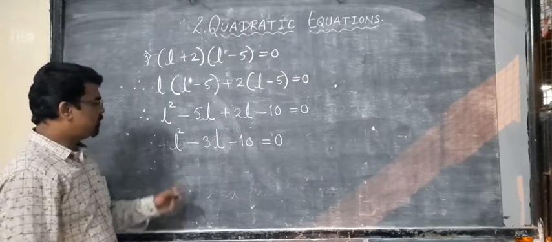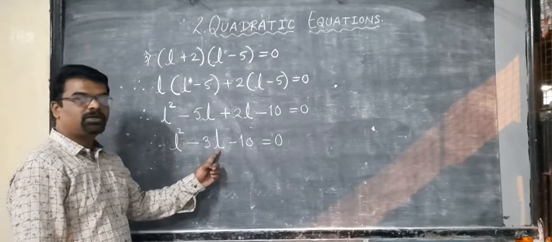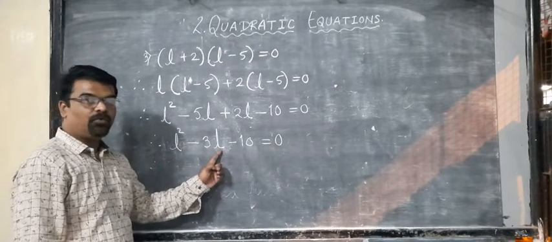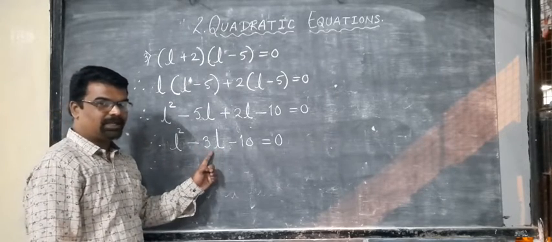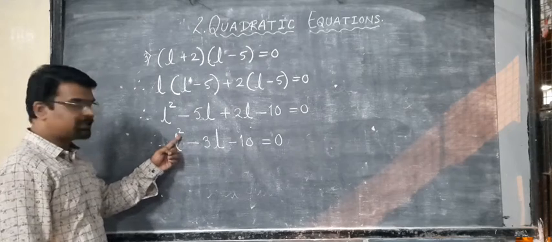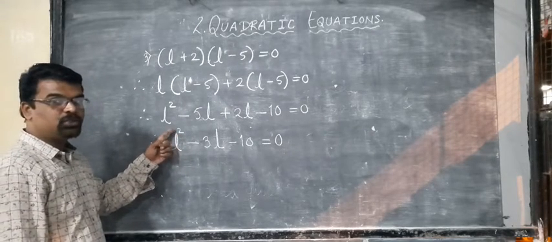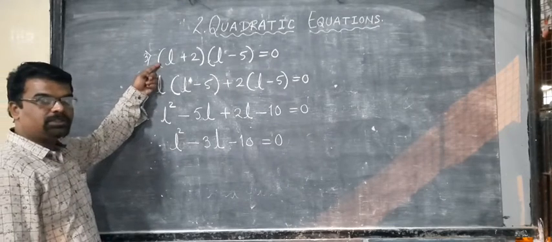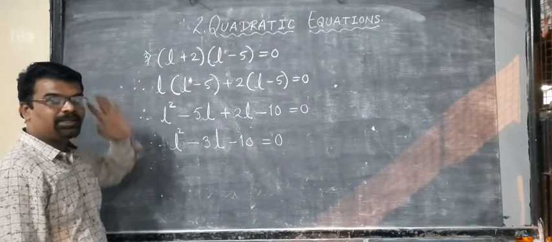Now here we can observe that L is the only variable in this equation and the maximum index of the variable L is 2. Therefore, this given equation is a quadratic equation.